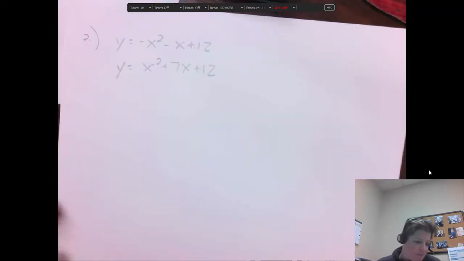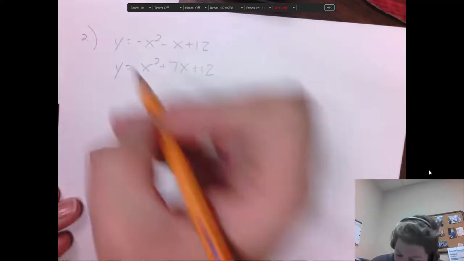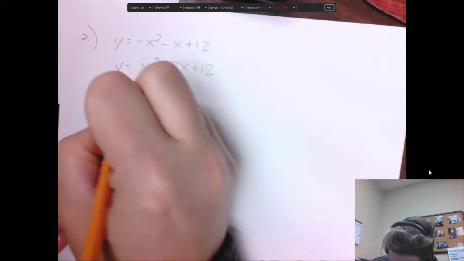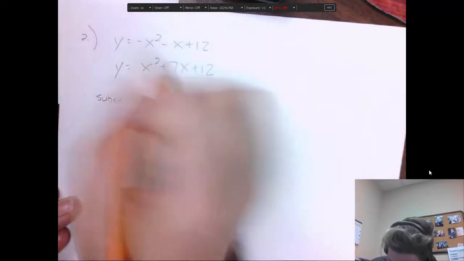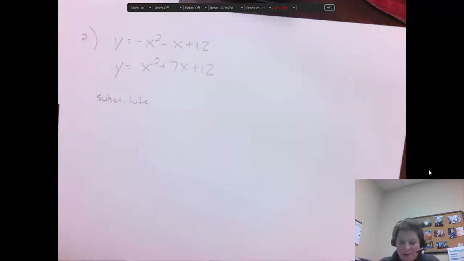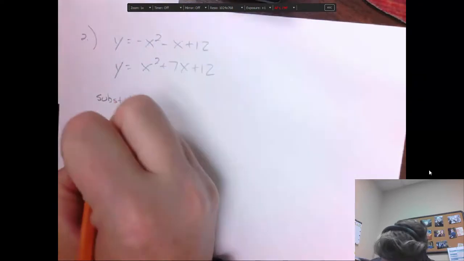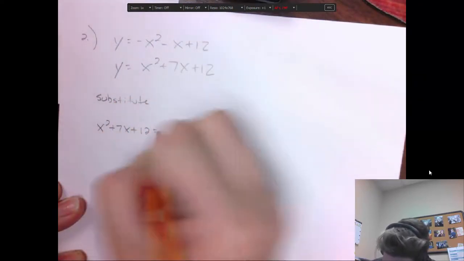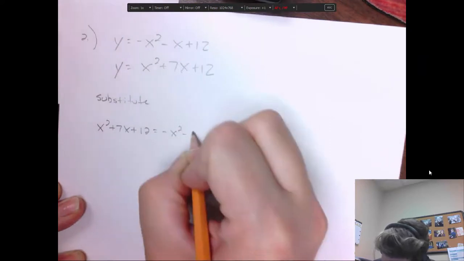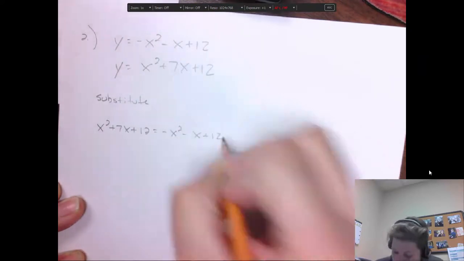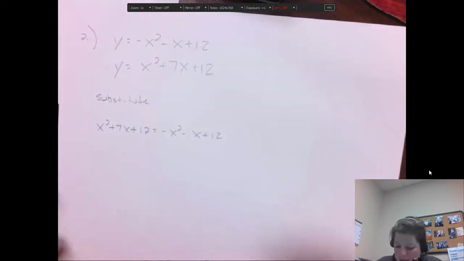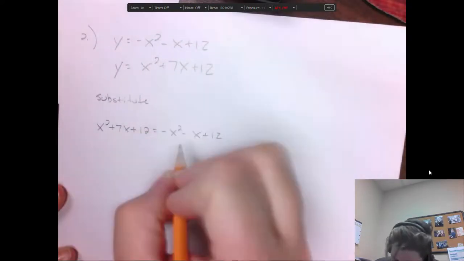Okay, so let's do the same thing we did before. We're going to start with substituting. And so we'll put this one in for y, so you basically set them equal to each other. So I'm going to have x squared plus 7x plus 12 equals negative x squared minus x plus 12. All right, so I have to move all of these terms over and then factor. So I'm going to go this way.